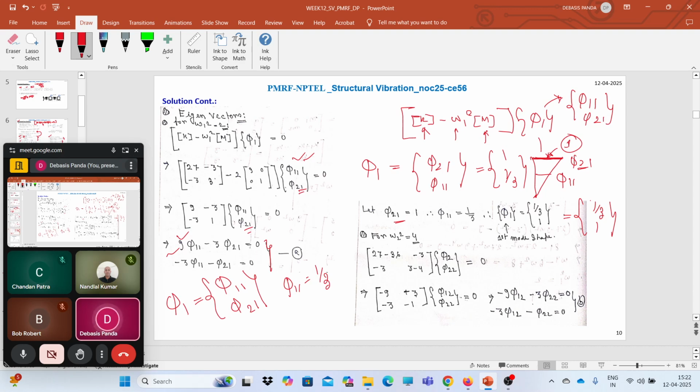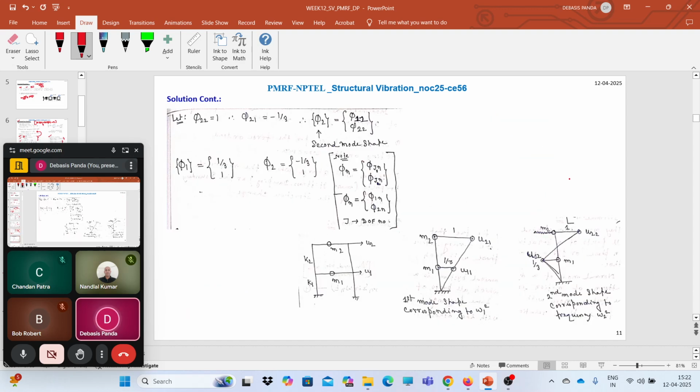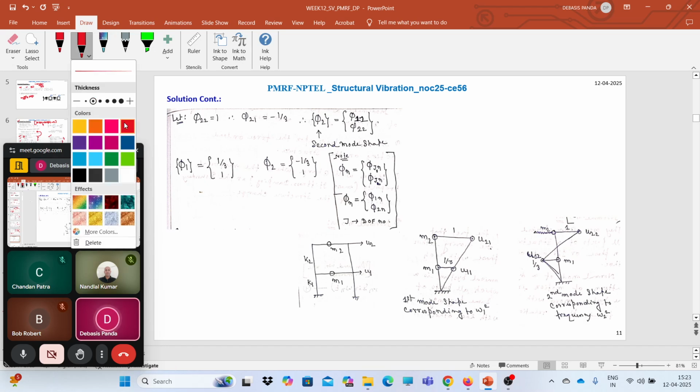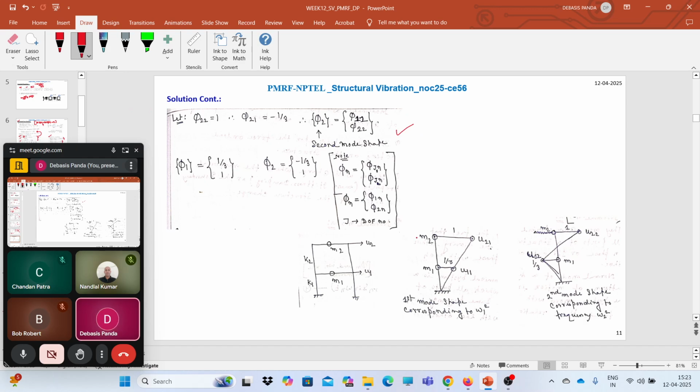Mode shapes will be given, the mass matrix will be given, and they will ask you to find the mass normalized mode shapes. I will show you that kind of problem also. Similarly we can figure out the second mode shape, and now we can draw them. This is the actual structure, the actual 2-DOF system.